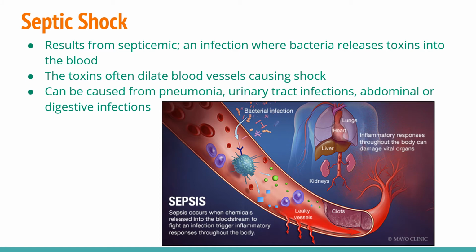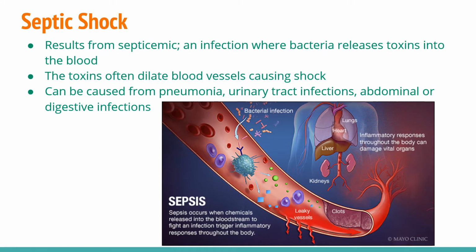Abdominal or digestive infections, if you have a bad gut, or maybe a gallbladder that burst, or an appendix that might rupture, those types of things could cause sepsis. An infarcted bowel, a bowel that's dead and isn't caught, those types of things.